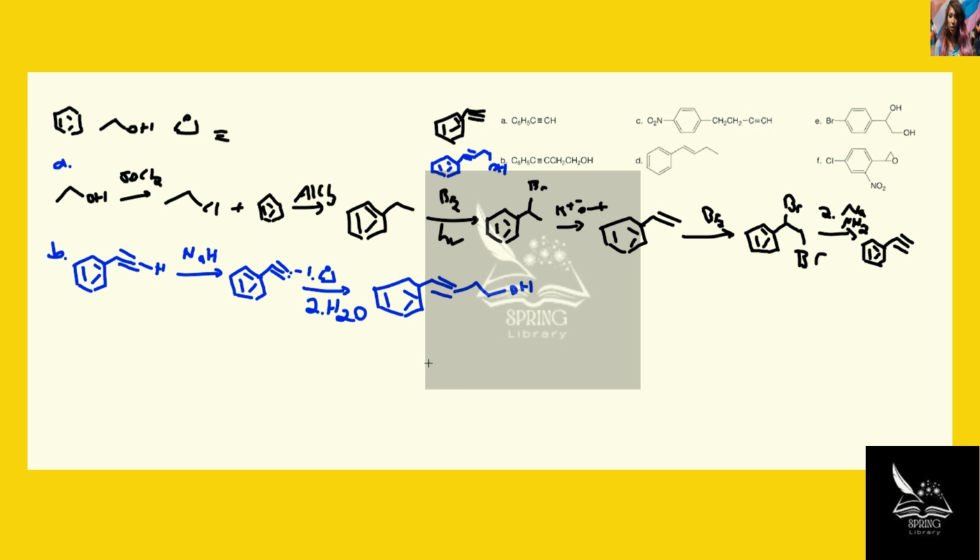So we'll start from A. So in C, we'll start from the product of A from this position. And now these are alkyl groups, so they're going to be ortho and para directing. So then I'll add my HNO3 and H2SO4.